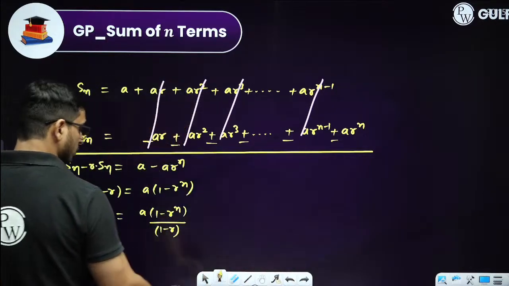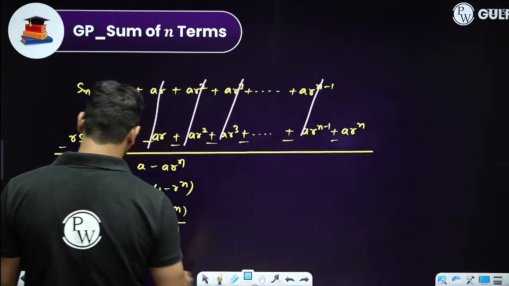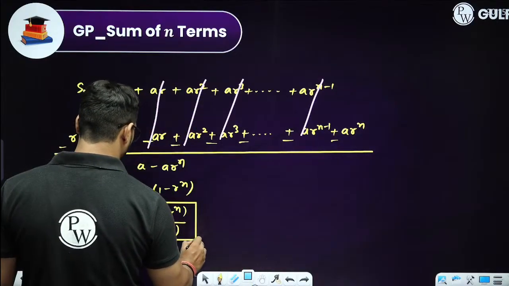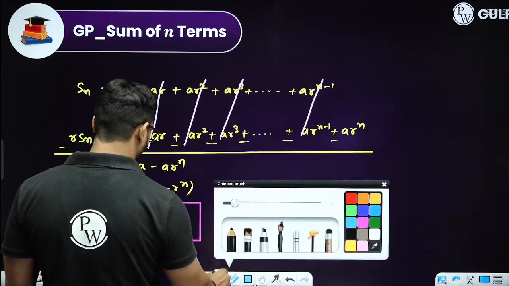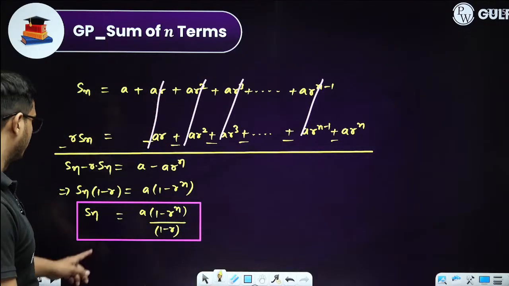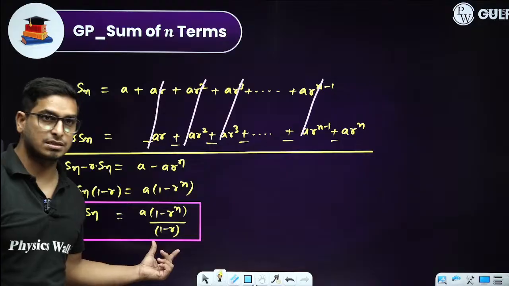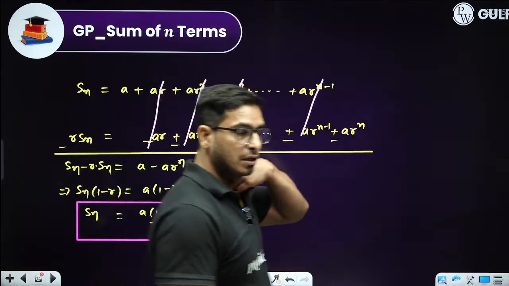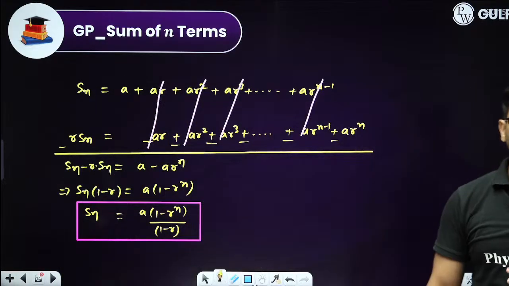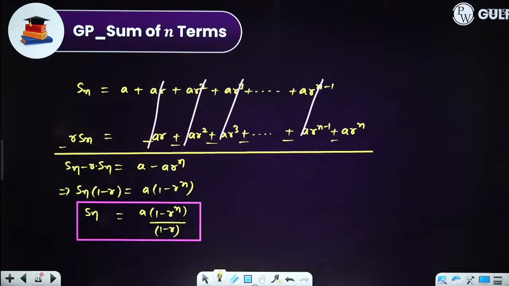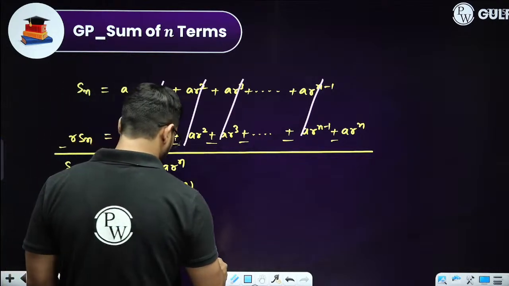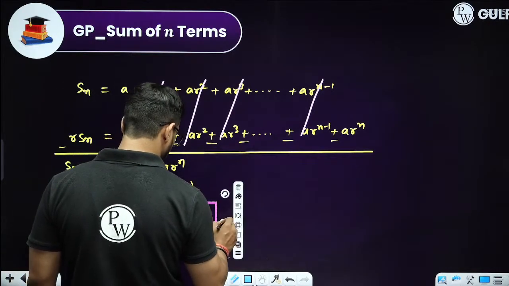Okay. So guys, this is our sum formula for GP, sum of GP. And in that GP, what is the thing in this case? Tell me. Can R be 1 here?